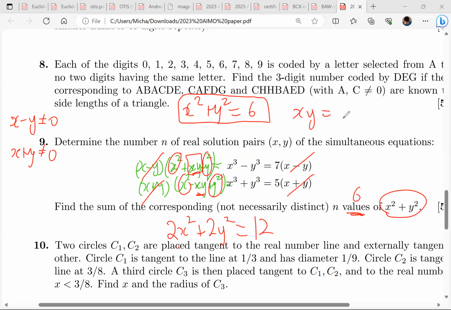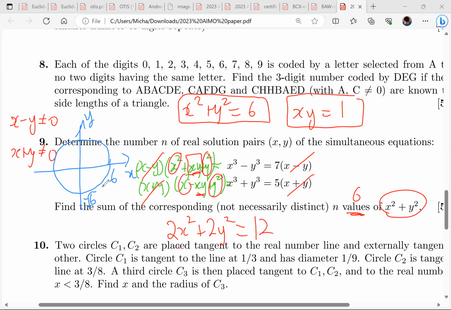And here, if you're doing this in school, you might graph it out. In year 10 and 11, you might say, if I were to graph on the xy plane x squared plus y squared equals 6, that's a circle with radius squared equals 6, centered at the origin.